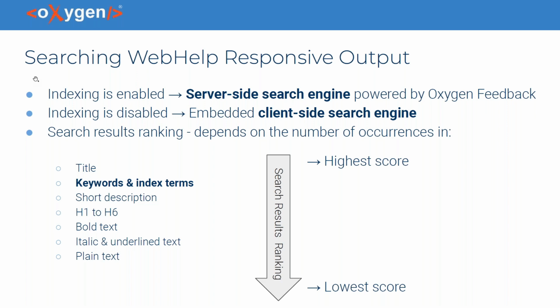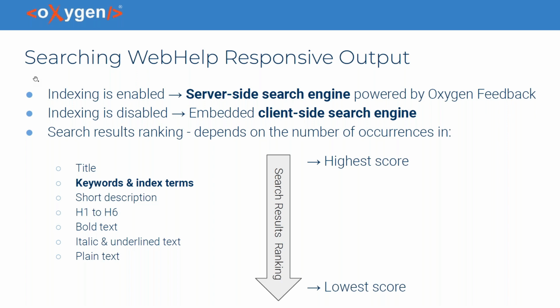And on the last position is the plain text. If the search terms are found in regular text, the score assigned to the page will be lower.